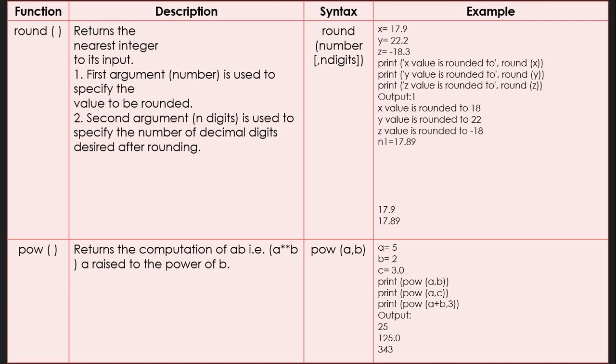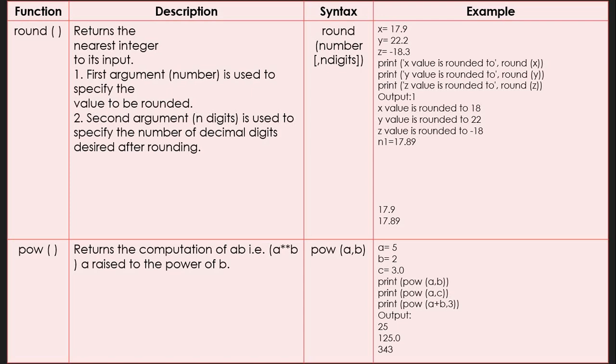Round of x, round of y, round of z. X will give the value 18 because it is rounding 17.9 to 18. Y will be printed as 22 because 22.2 is less than 0.5 past 22, so it will round it to 22, and minus 18.3 will round to minus 18.